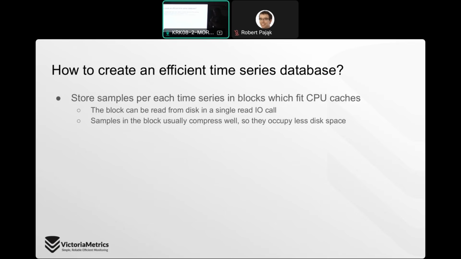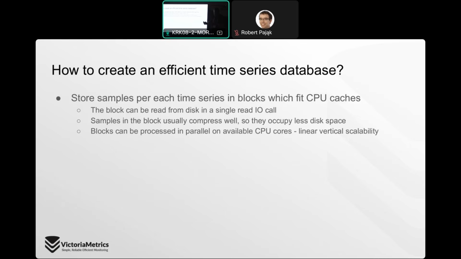And when you store samples for a single time series close to each other, then you can compress them very efficiently, because samples in a single time series usually correlate with each other very well. And if you have a good correlation, then such samples can be compressed very well and they occupy less disk space.